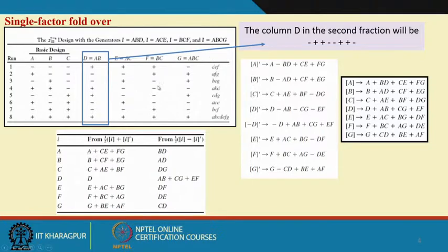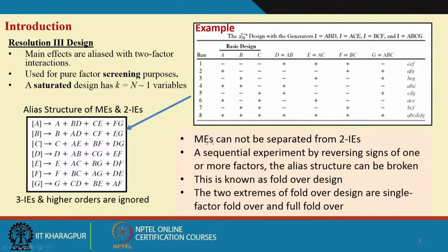So, here what happened, when you use the first fraction where A, B, C, D like this, and correspondingly confounding other main effects with some interaction effects, and you are generating the plus sign algebraically, that sign convention table, or I can say design matrix. Okay.